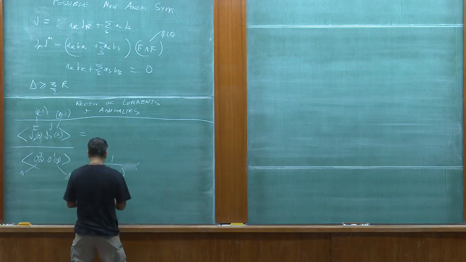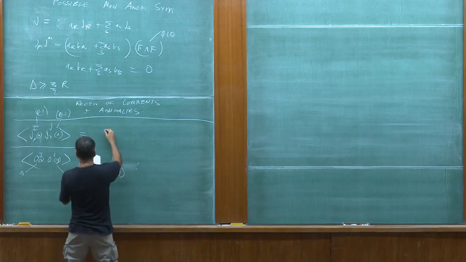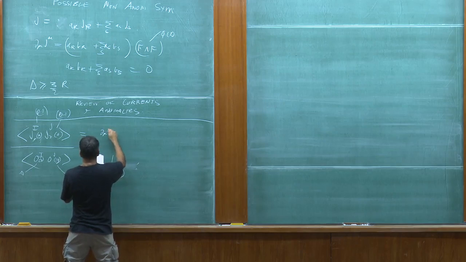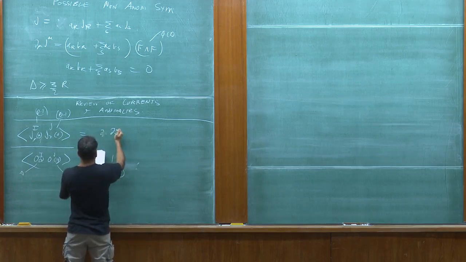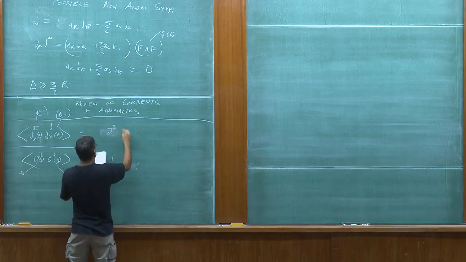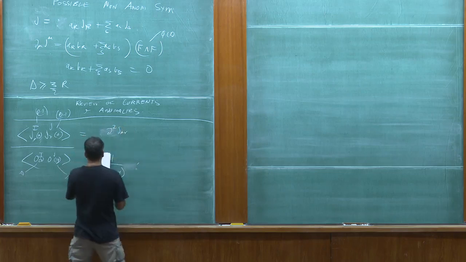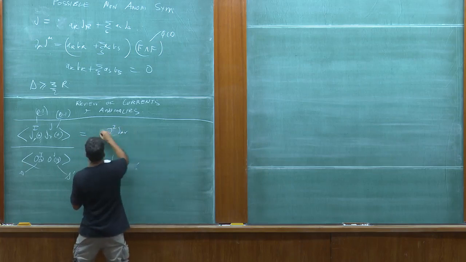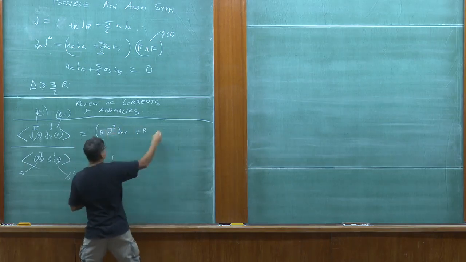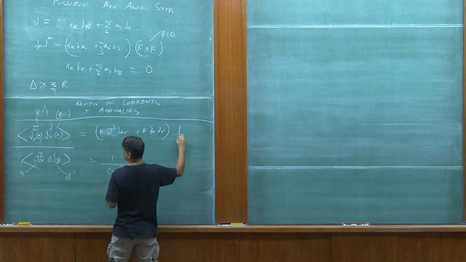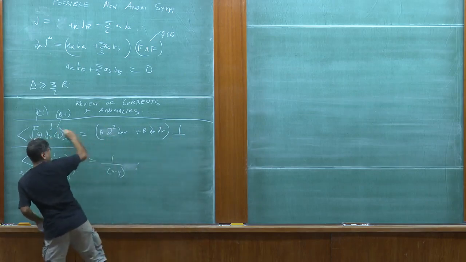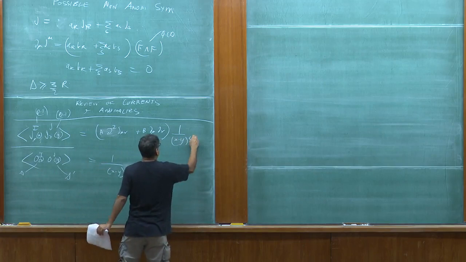You could write down the following: del mu del nu squared, with an A, plus a B times del mu of 1 over x minus y to the power 4.